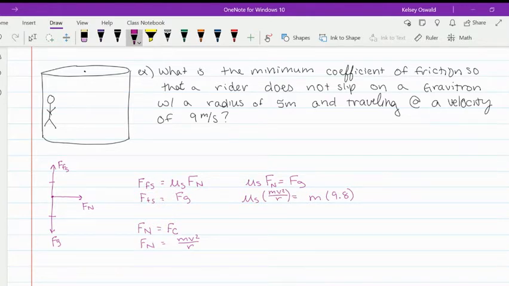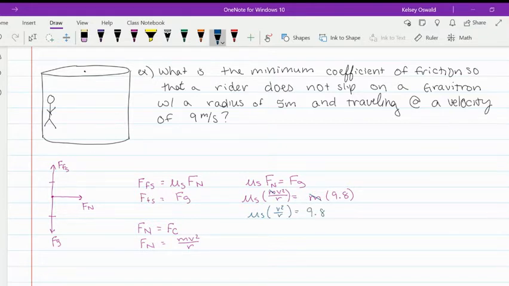And when we do that, we can now see that we have mass on either side of our equation. If we have mass in every term in that equation, we can cancel those out. So that just leaves us with our coefficient times v squared over r is equal to 9.8. Okay, so our goal here is to solve for that coefficient.